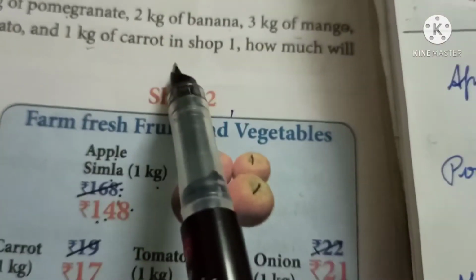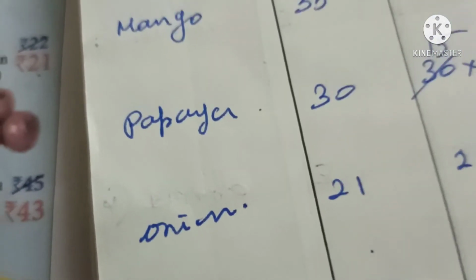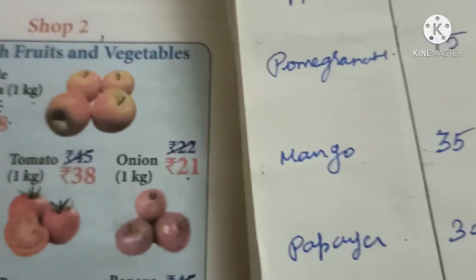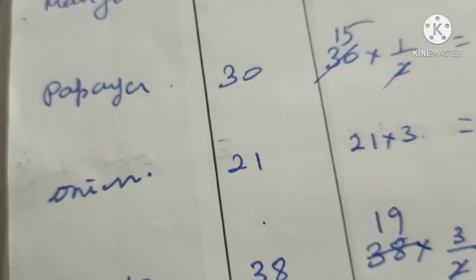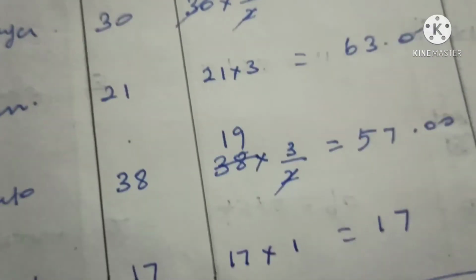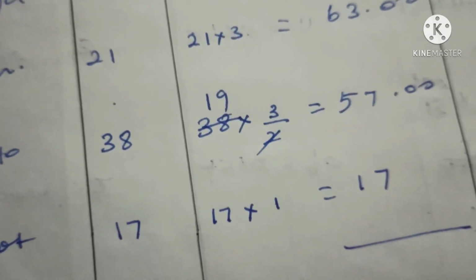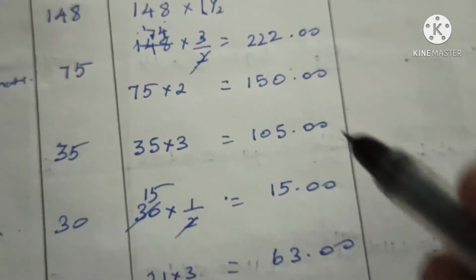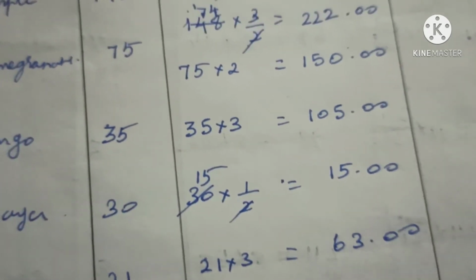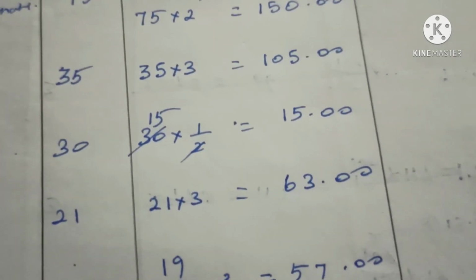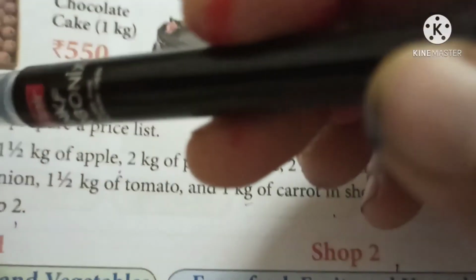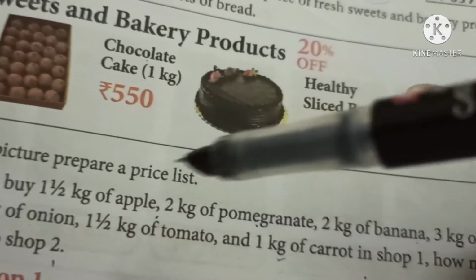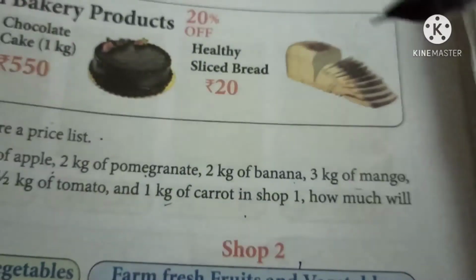And then 1 kg of carrot. Carrot 1 kg is 17. Therefore 17 into 1 is equal to 17. Then total. If you add all the values, you will get 715.